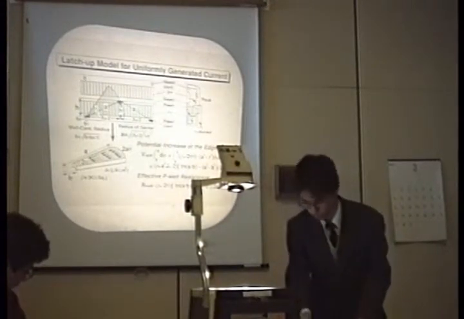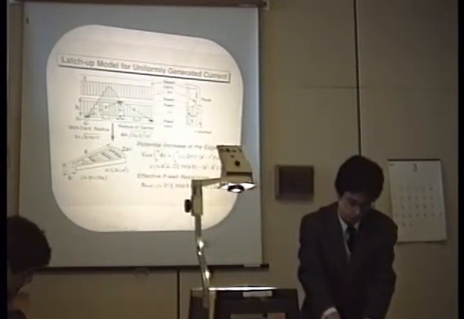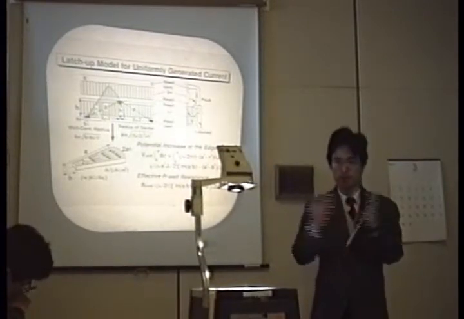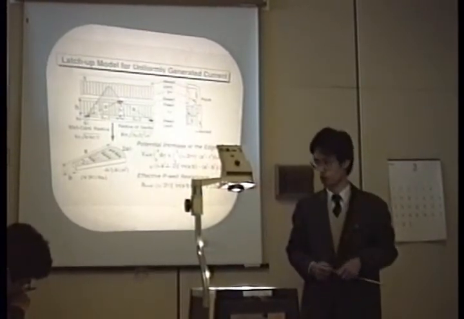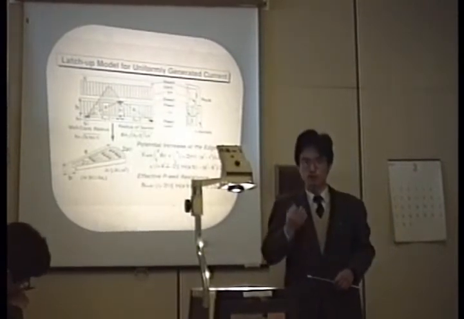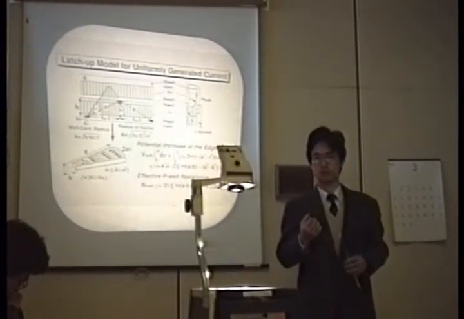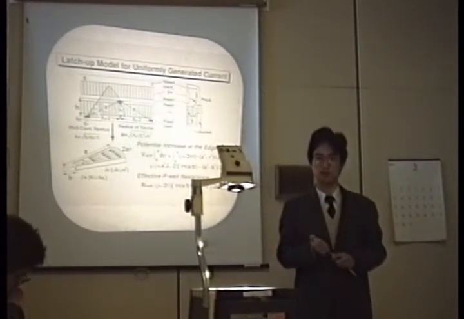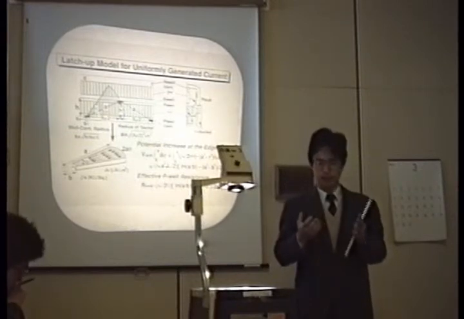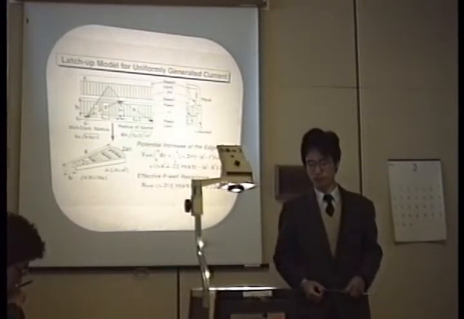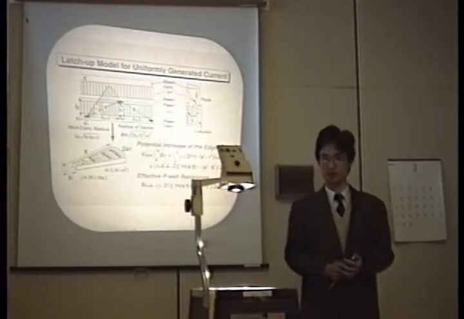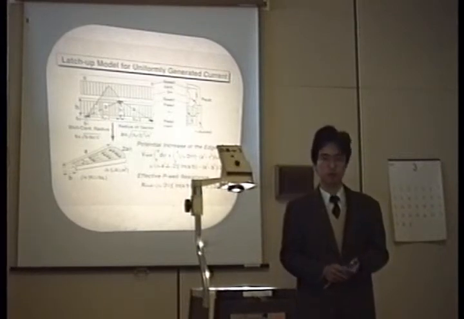We could take data of the trigger current versus the spacing, but the uniform trigger current cannot be determined. I see. And also the effective shunt resistance is very different from that of the local electric current, because the mechanism is very different. Yes.